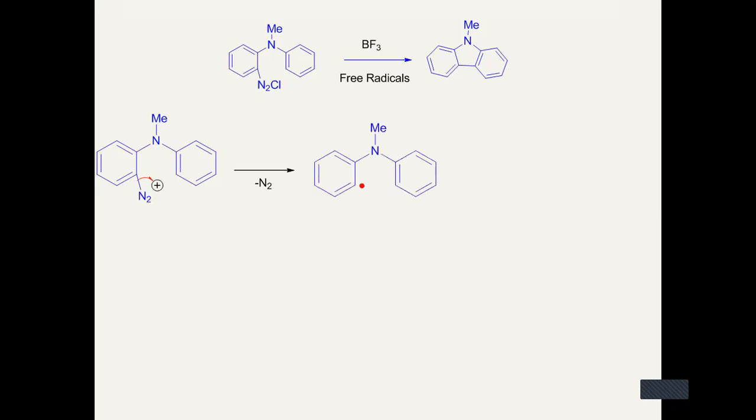And what is the next step? The next step is hydrogen. You see, this hydrogen abstraction takes place by the fluorine of BF3, and generation of two radicals on the two rings.